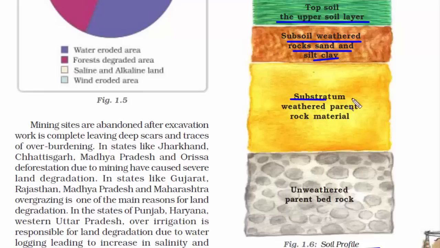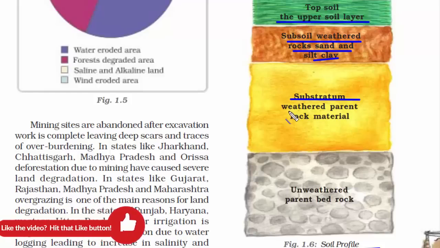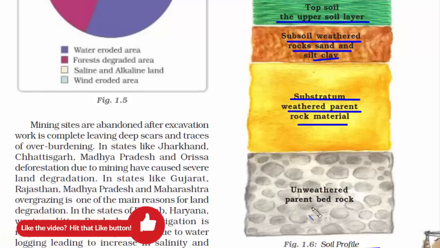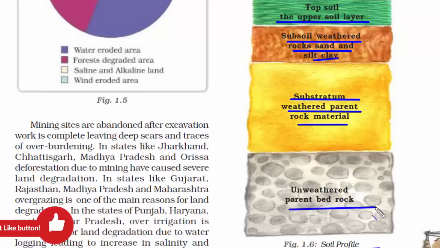And below that we have the substratum, which is called weathered parent rock material, and then below that we have the unweathered parent bedrock. So when we say unweathered, they are large chunks of rocks or boulders. The meaning of weathering is that over time a piece of rock gets weathered into small pieces of debris which form soil. So unweathered means it is still a large solid chunk of bedrock.